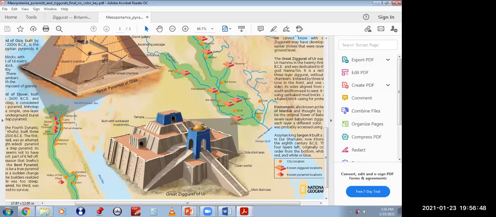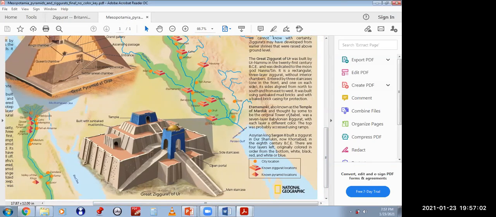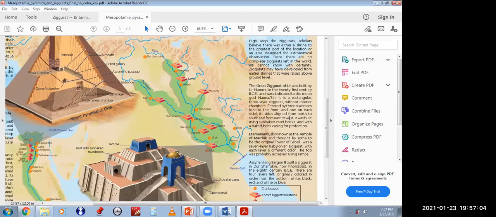You don't see it in its normal shape, like how the pyramids are preserved, because these temples were built way before the pyramids. It was built in the 21st century BC, so a long time ago. If you see on this map, it's somewhere around Syria and Iraq.